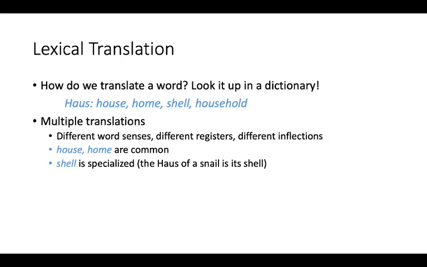For example, Haus is translated to house or home most of the time. But shell can sometimes be a proper translation, for example, the house of a snail is a shell. And we also know that different word senses, different registers, or different inflections may affect the translation. We may choose different word-level translations in the dictionary.